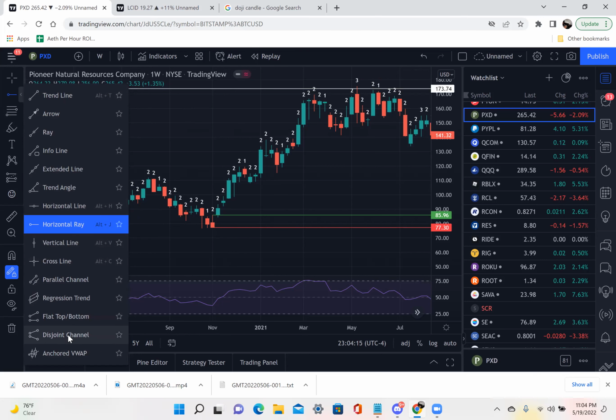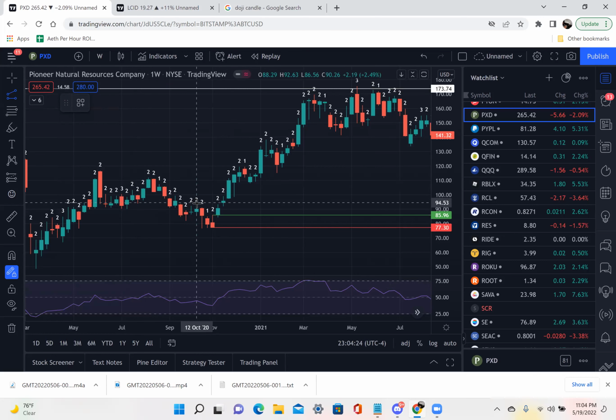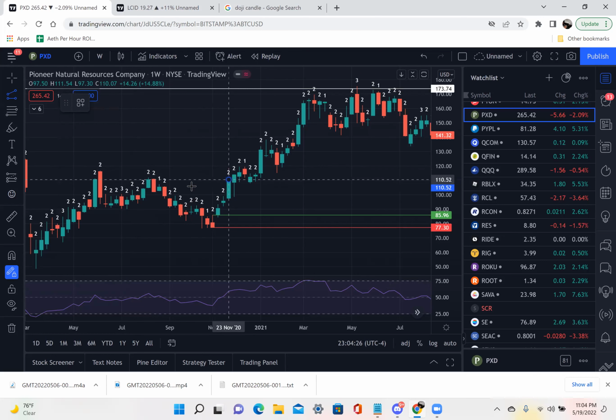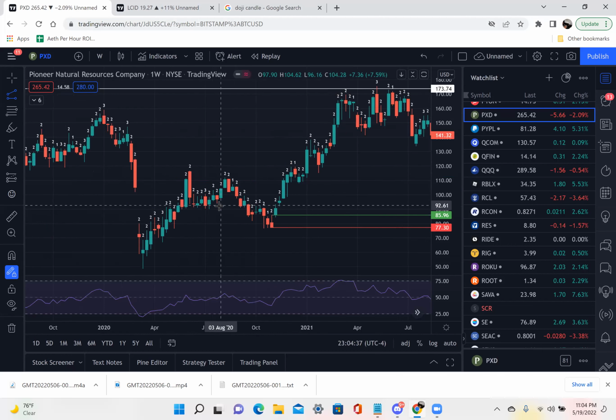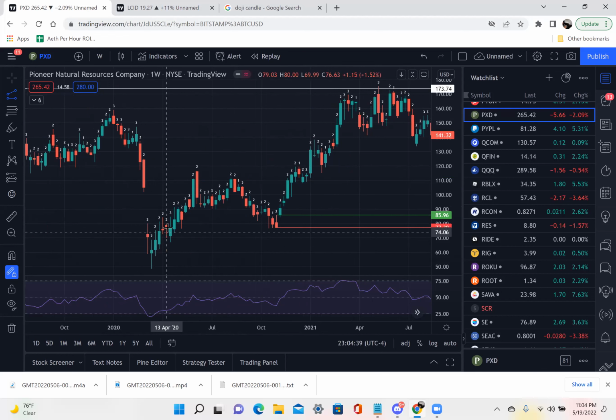You can use this disjointed channel or the flat bottom for your broadening formations. Okay, that's what it was. So the bottom is going to be flat.